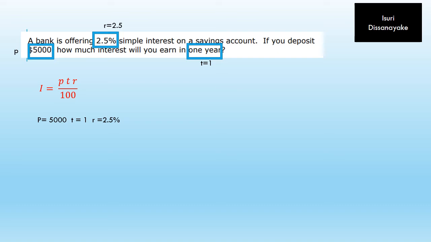R, the interest rate, equals 2.5%. Now, let's substitute the values. 5,000 multiplied by 1 multiplied by 2.5. Let's divide the answer by 100. So your simple interest is $125.